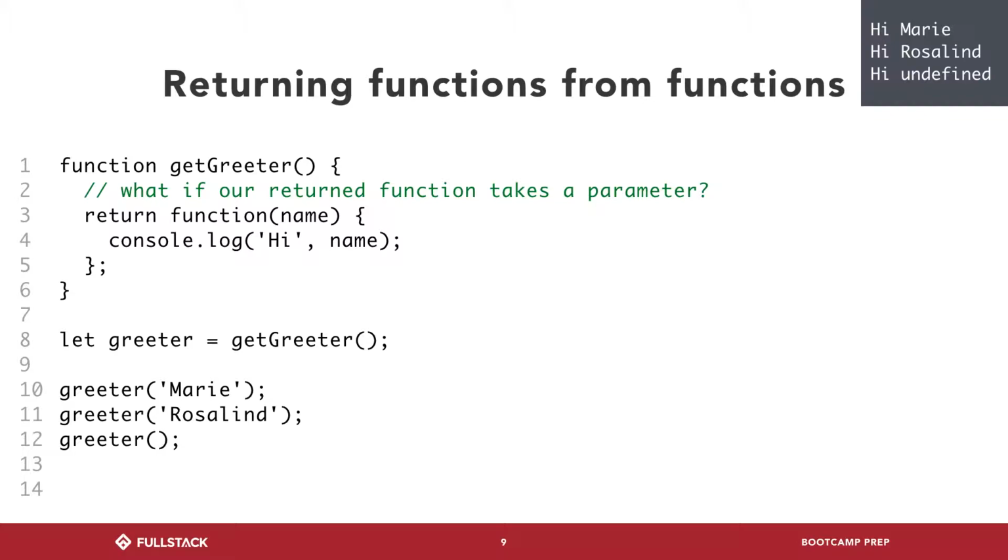I can pass in Maria or Rosalind, or if I pass in nothing, then by default the variable is what? Undefined. So when I look up here, I get hi Rosalind, hi Marie, hi undefined. It's just the extension of the idea that if I'm passing a function, it's a fully functional function. You can give it arguments, and it will do everything you expect a normal function to do.